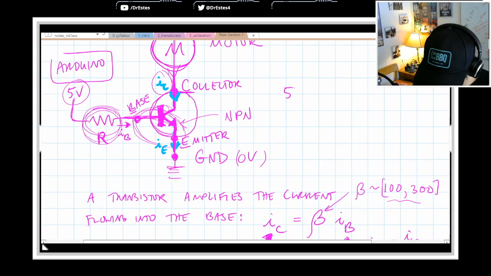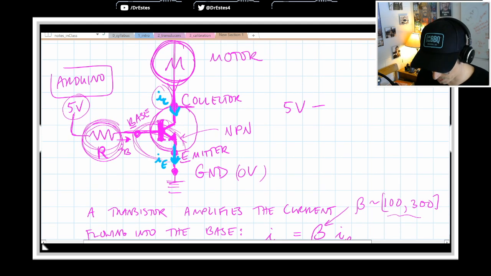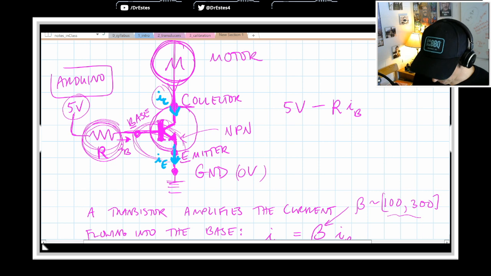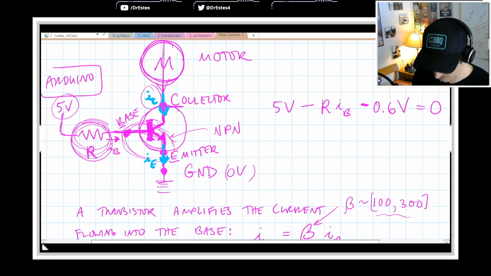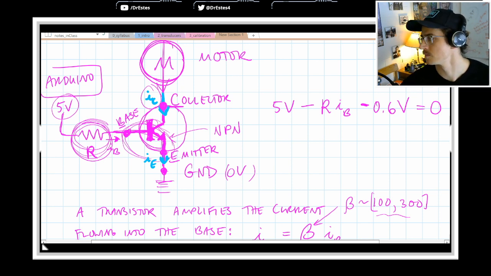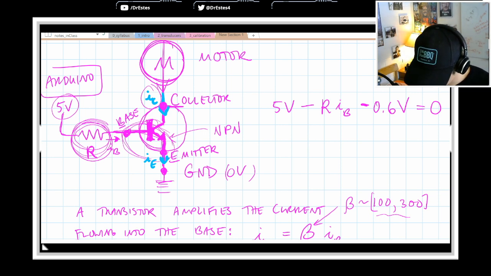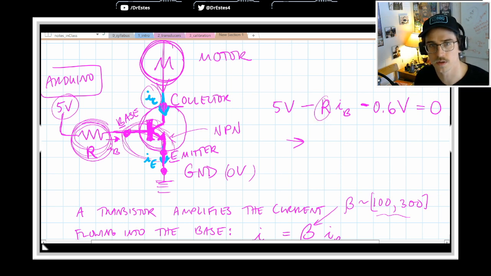So we start with 5 volts, and then we lose voltage across that resistor, using Ohm's law. The voltage we lose is the resistance times the current flowing through it, which is the base current. Then when we go from the base down to the emitter, we lose 0.6 volts because that's standard. And then that's 0. Let's solve for the resistor.